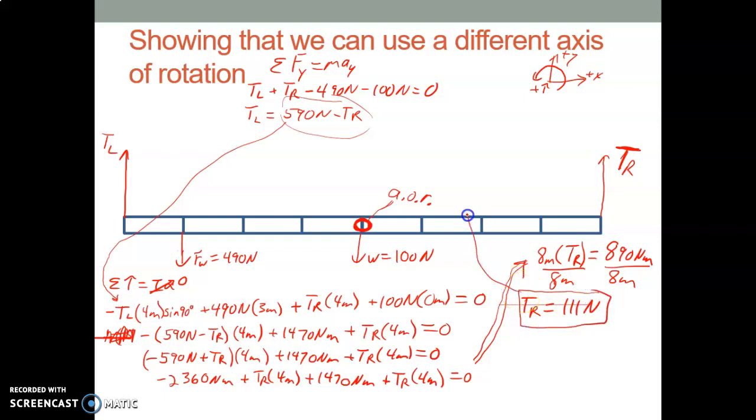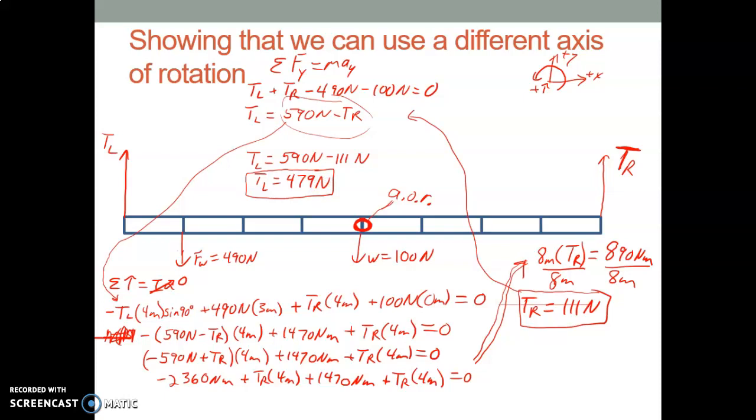We then take that value, we substitute it in up here. T sub L equals 590 newtons minus 111 newtons. T sub L equals 479 newtons. The exact same answers that we got before. We did a little bit more math.